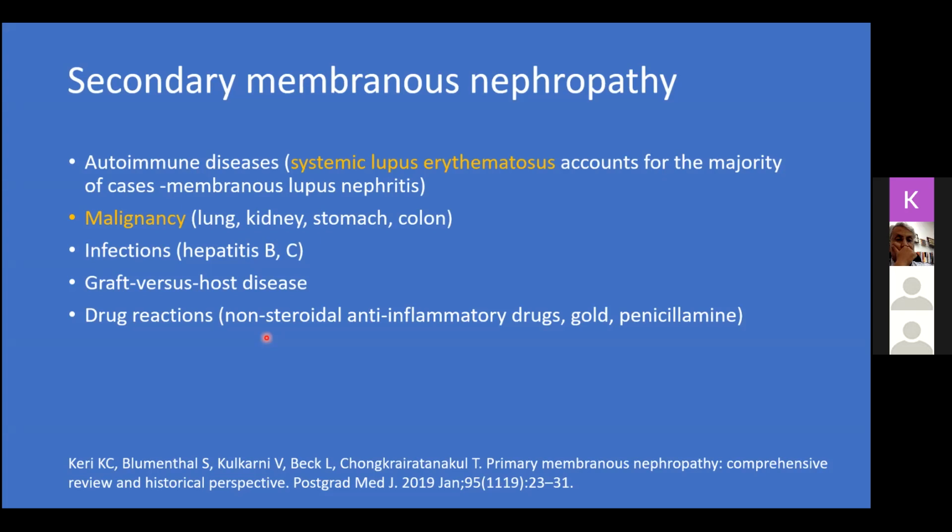Infections, particularly hepatitis C and hepatitis B, can cause subepithelial deposits in certain individuals. Other causes described are graft versus host disease, and certain drugs like non-steroidal anti-inflammatory drugs, gold and penicillin. So one should know the secondary causes of membranous nephropathy.